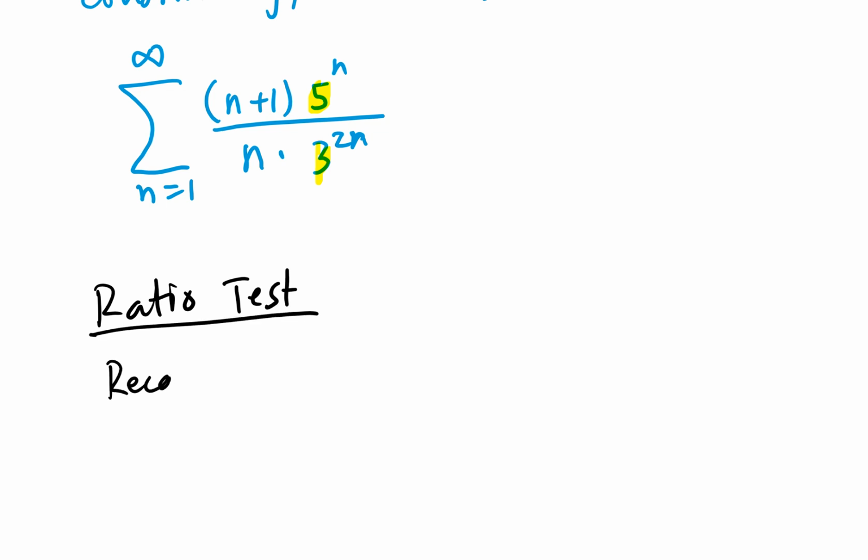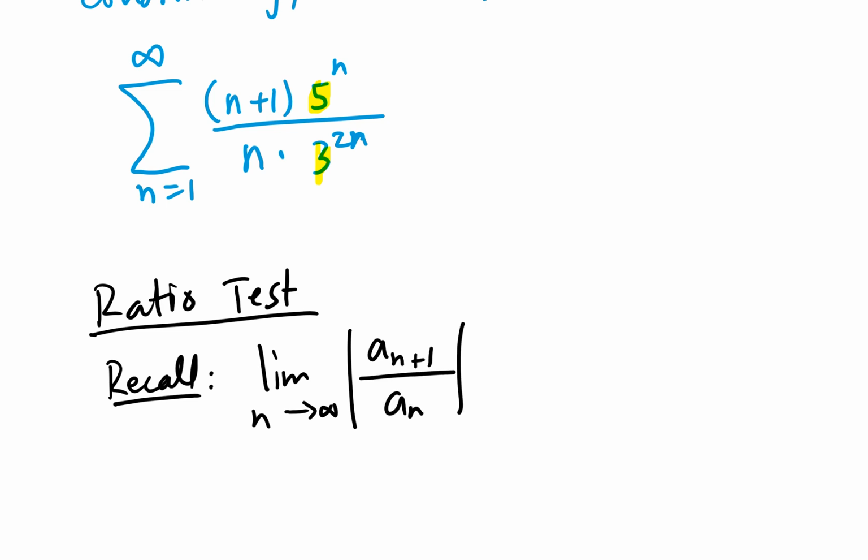So recall, the ratio test says you find the limit as n goes to infinity of a sub n plus 1 all divided by a sub n. It can't be the other way around. It has to be a sub n plus 1 over a sub n. And if this limit, when you calculate it, is L, then depending on the value of L: if it's bigger than 1 or infinity, then it diverges.